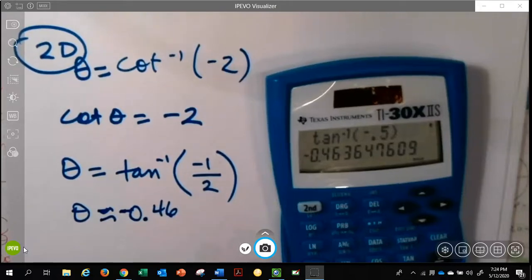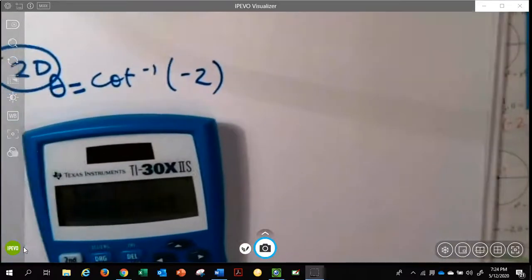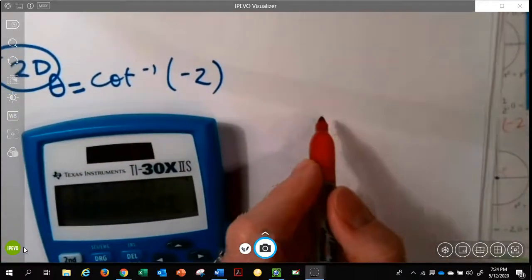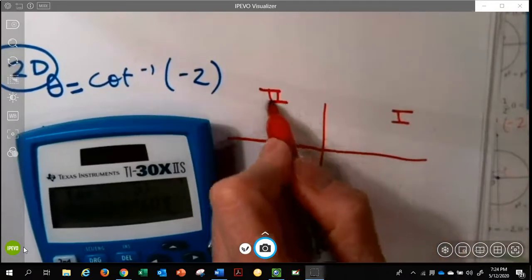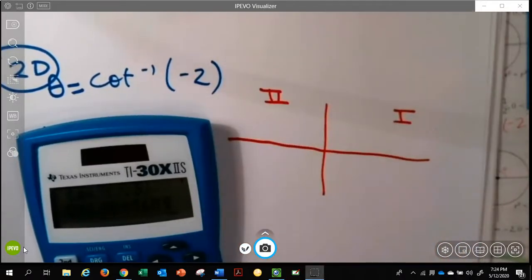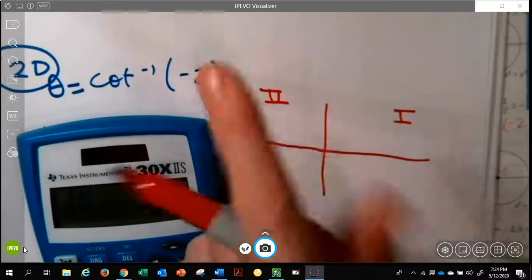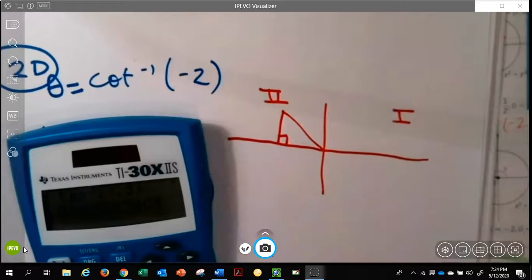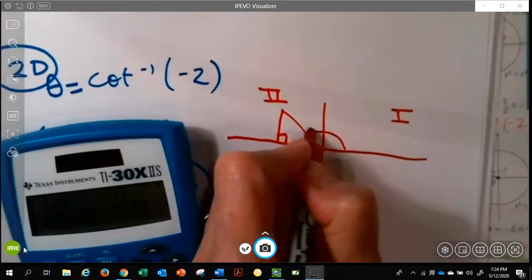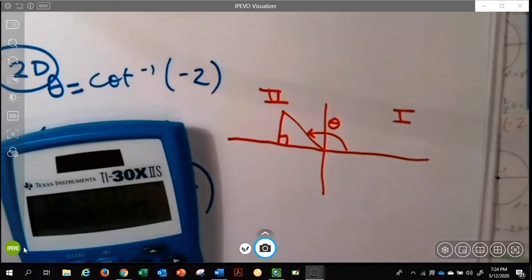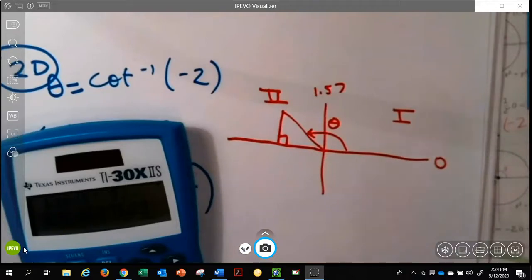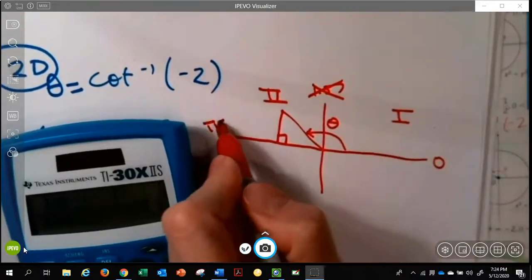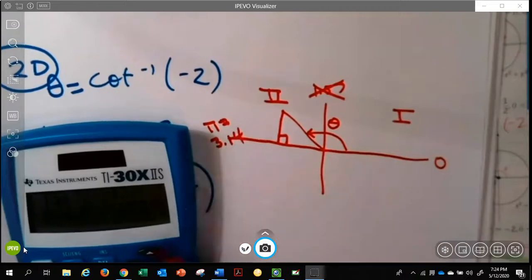And no, I'm not. Let me go back over here and think for just a second. I'm now dealing with cotangent. Cotangent deals with cosine, which means I get blocked to the first and second quadrants. If it's a cotangent of a negative, I can't just block to 1 and 2. I'm in radians, so there's my 0, 1.57, and pi is about 3.14.